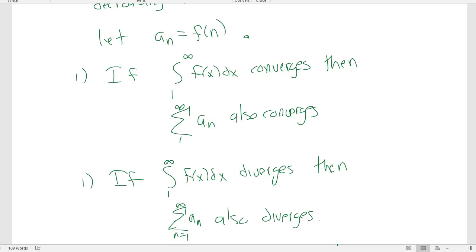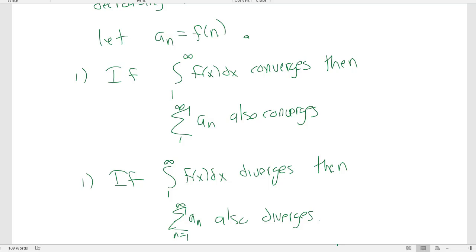A couple videos from now we're going to talk about strategy. When I'm looking at a series, trying to determine if it converges or diverges, for me personally, the integral test will be the last thing that I typically try, unless I can see the integral is very straightforward, relatively easy.